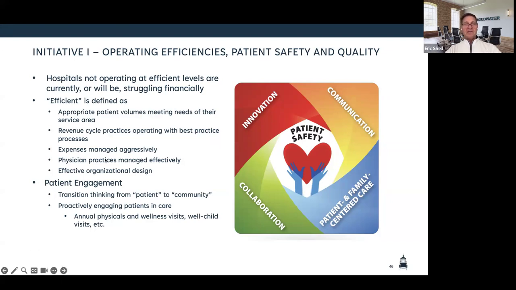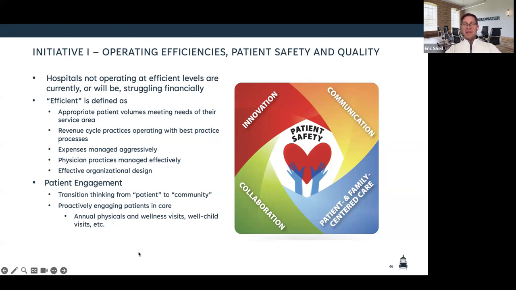Physician practices managed effectively, effective organizational design, and proactive patient engagement. I think this is one of the greatest opportunities for rural hospitals. Often in our rural health systems, we have a catcher's mitt on. We sit and wait for a patient who gets sick to call into our office rather than proactively reaching out through annual wellness visits, well child visits, and active patient panel management.